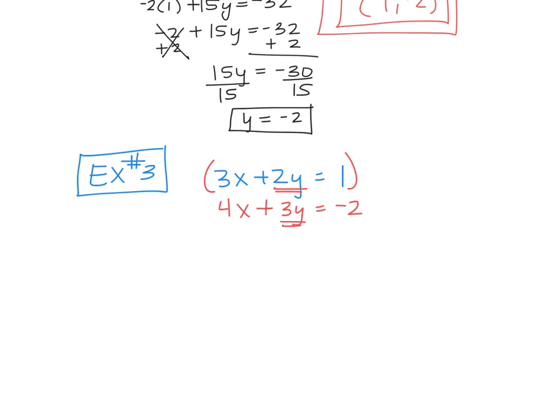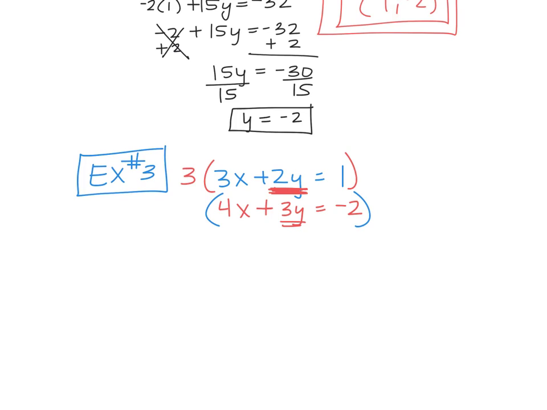Okay, the way I do that is I multiply the top by what? How do I get this 2y to become a 6y? Multiply by 3. Okay, so we're going to multiply this whole top one by 3. And then this bottom one, it would be nice if I can make it a negative 6y so that they cancel out.